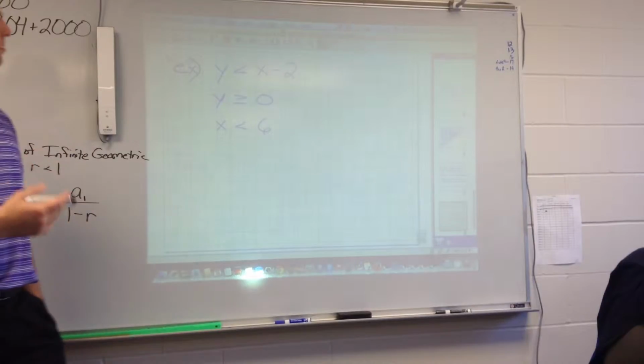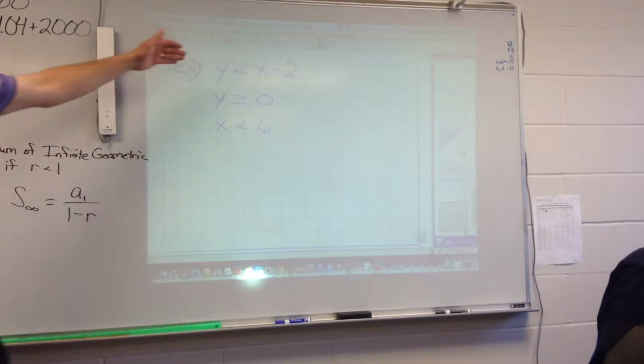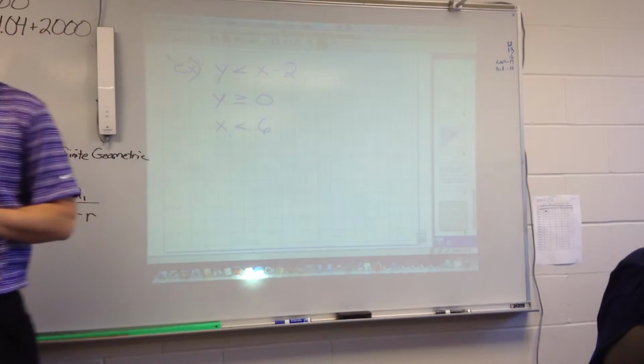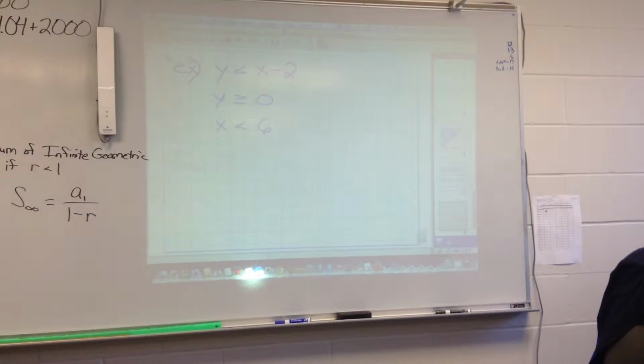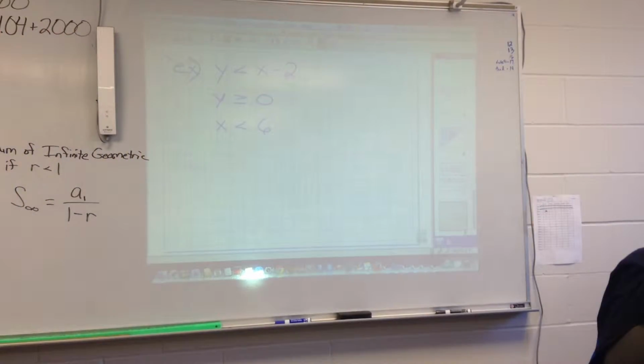It's called a system of linear inequalities because there's two or more inequalities. This one happens to have 3 inequalities in it. A solution to this system would have to satisfy all 3 inequalities.